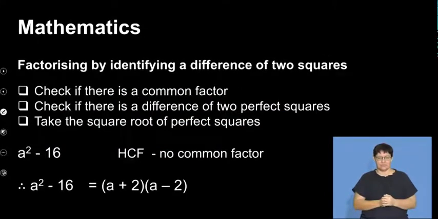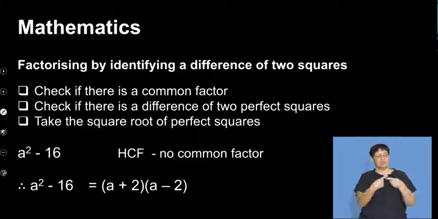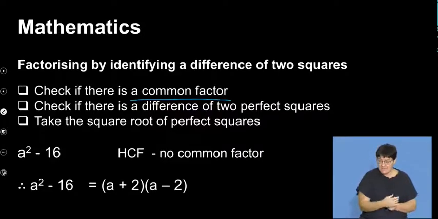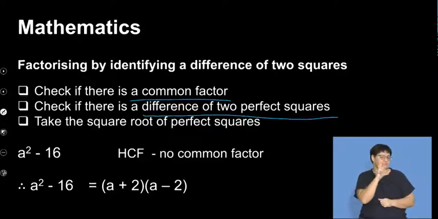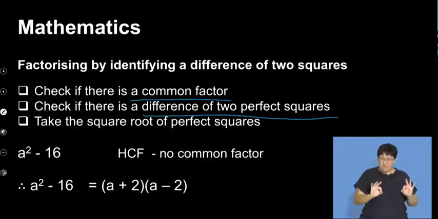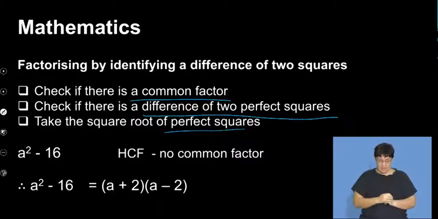Now, when you are trying to identify a difference of 2 squares, you need to check whether there is a common factor first. That's where you always start. That's why I started with a common factor. Also check if there is a difference of 2 perfect squares, not just any squares, it must be perfect squares, and then take the square root of the perfect squares, right?